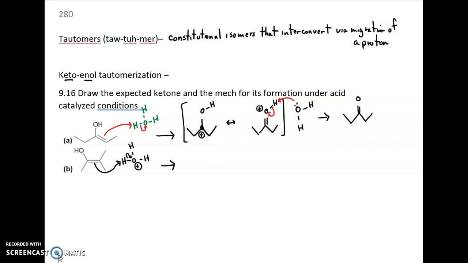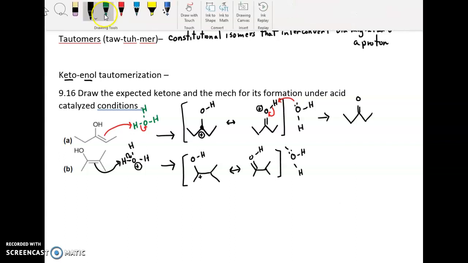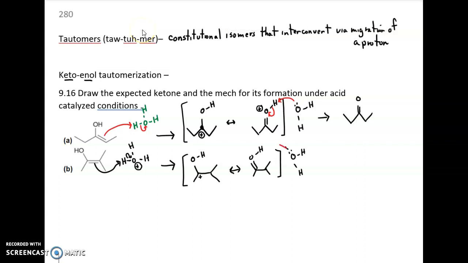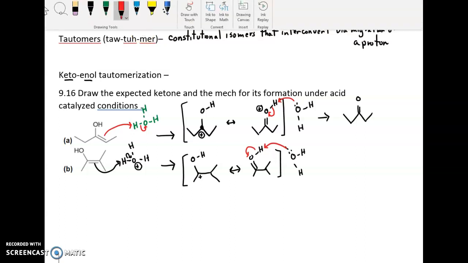And that gives us the following two resonance structures. The electrons on this oxygen can then snatch the proton here, and these electrons go and live on the oxygen, and we've got our ketone.